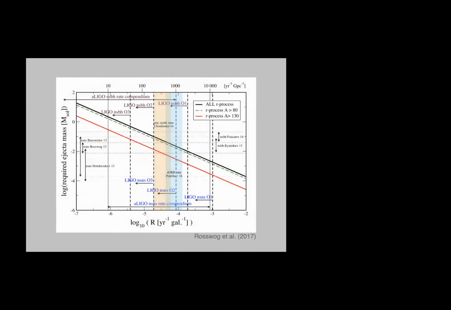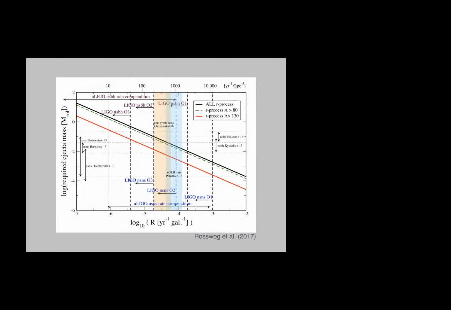This is a recent compilation of the work presented in Rosberg et al. 2017. The x-axis shows the rates of these mergers, and the y-axis shows the yield of the ejecta. Again, you have constant mass lines, and overplotted are different expected yields or rates of a process.